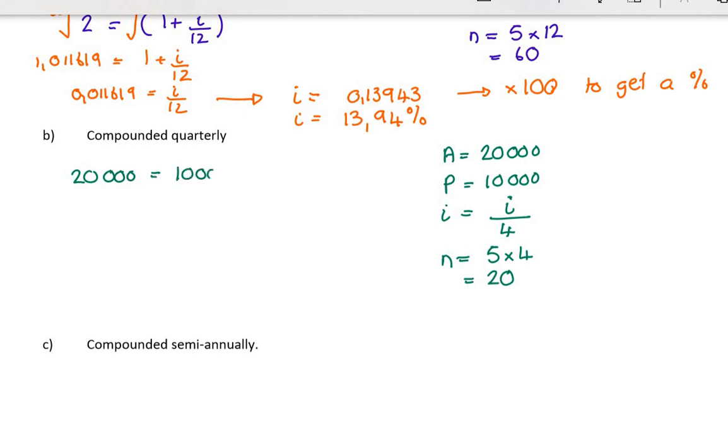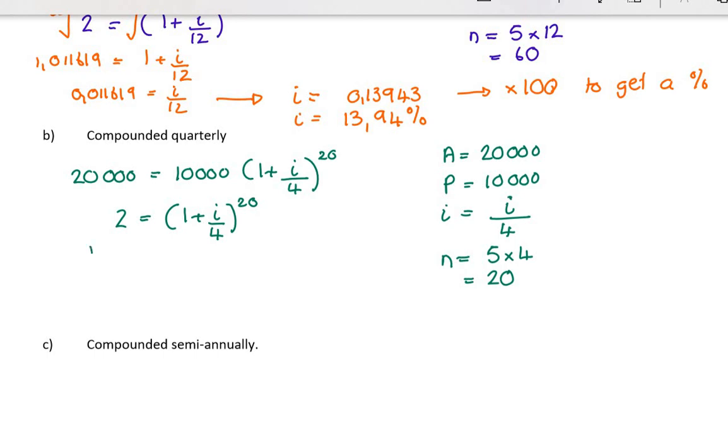Now I'm expecting a higher interest rate, I think, because this interest rate is going to be happening less frequently, which means I need to make up for the interest on interest I'm losing. So if I divide by 10,000, I get 2, and now I get 1 plus I over 4 to the power of 20. So I 20th root both sides, and I'm starting to get lazy, so I stop writing these, which is a bit naughty.